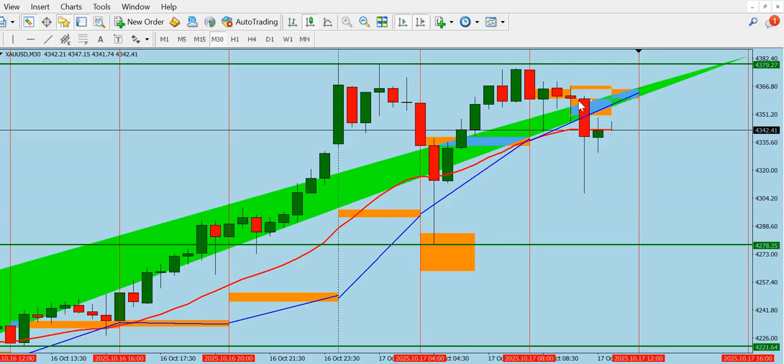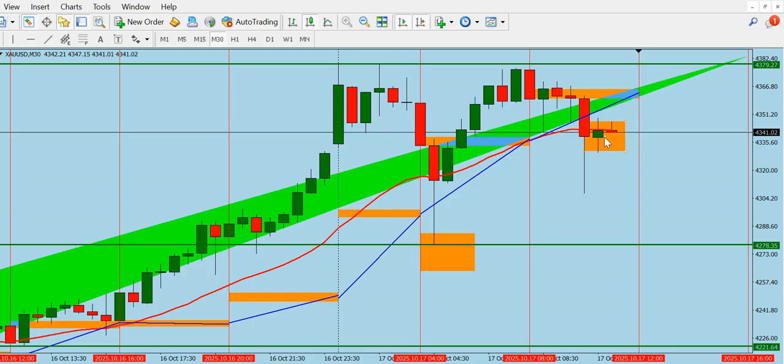But for now, price is ranging and is at the bearish border. If it gets to this point and stays above here, it's at the bullish border. At the bullish border, if price is above all the indicators, we might expect price to continue its upward direction.